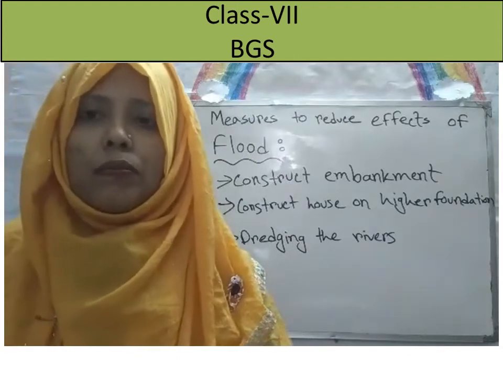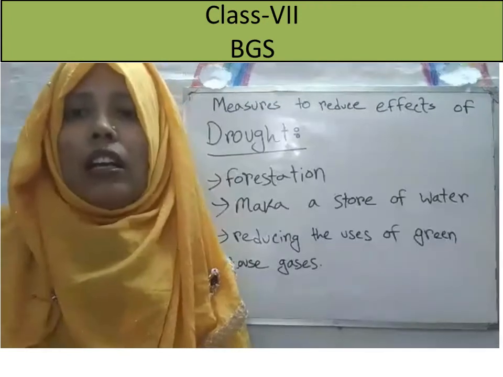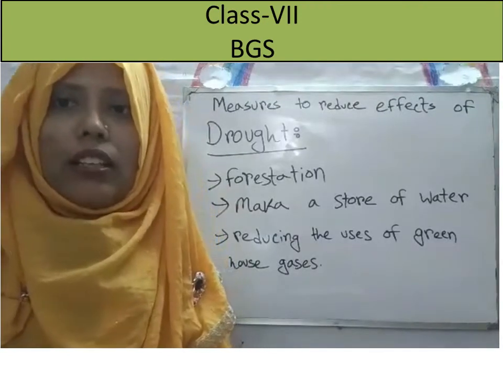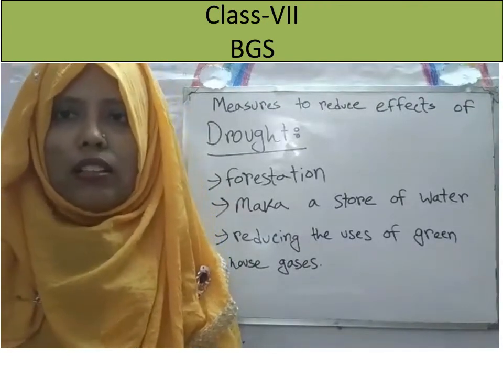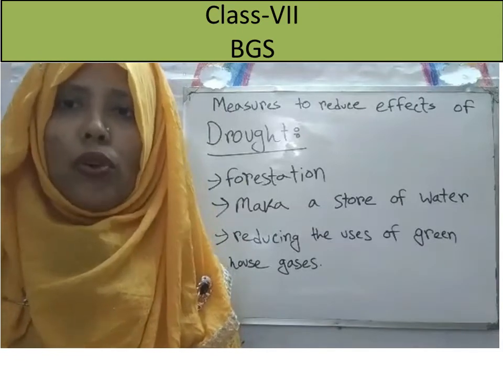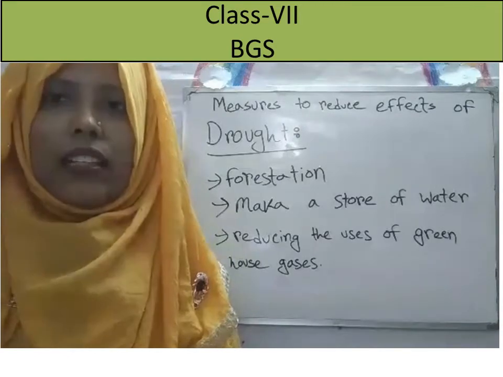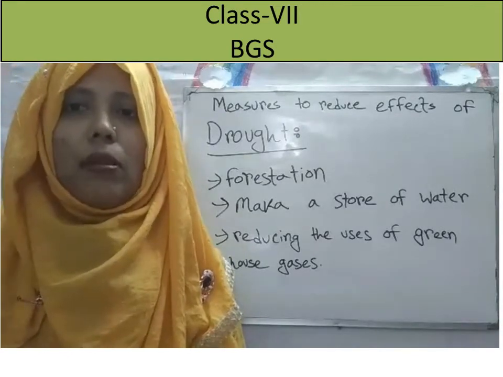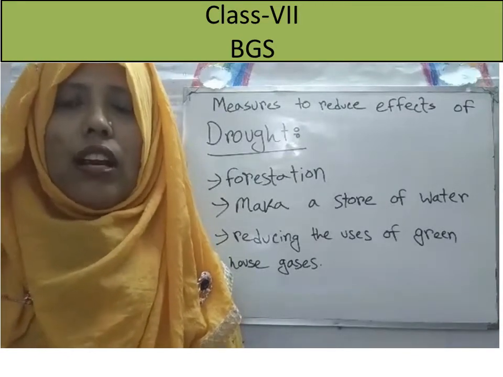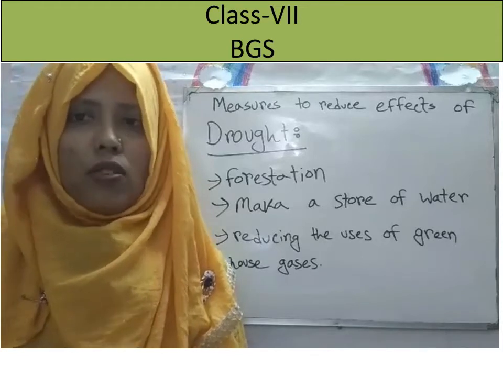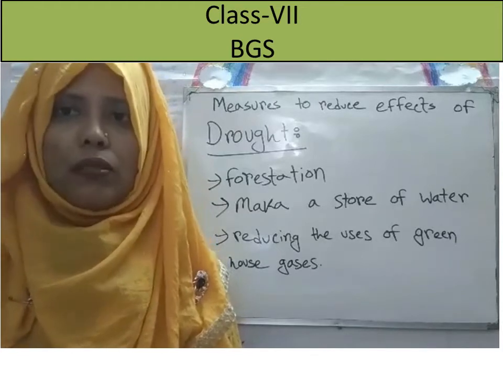reduce. We know that in the northern part, drought takes place more or less every year. And our government has taken some steps to reduce the damages of drought, and that's why the effects of drought are reducing day by day.